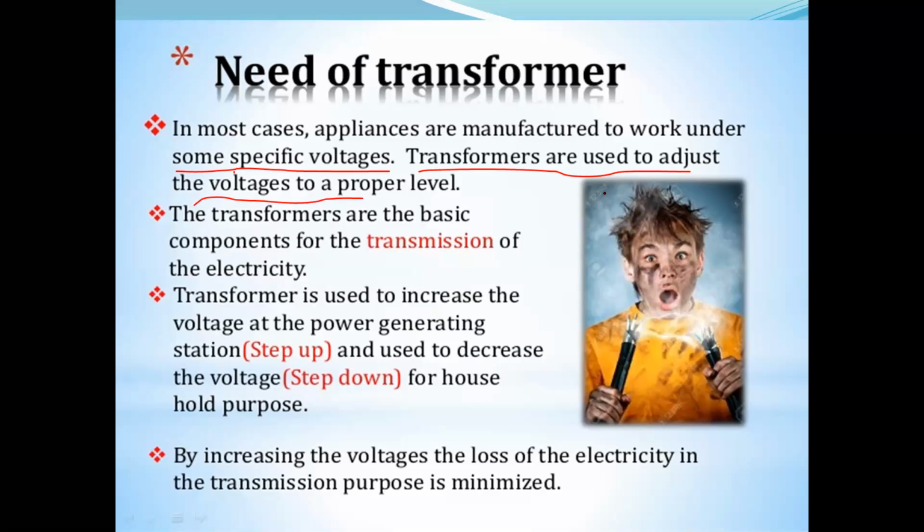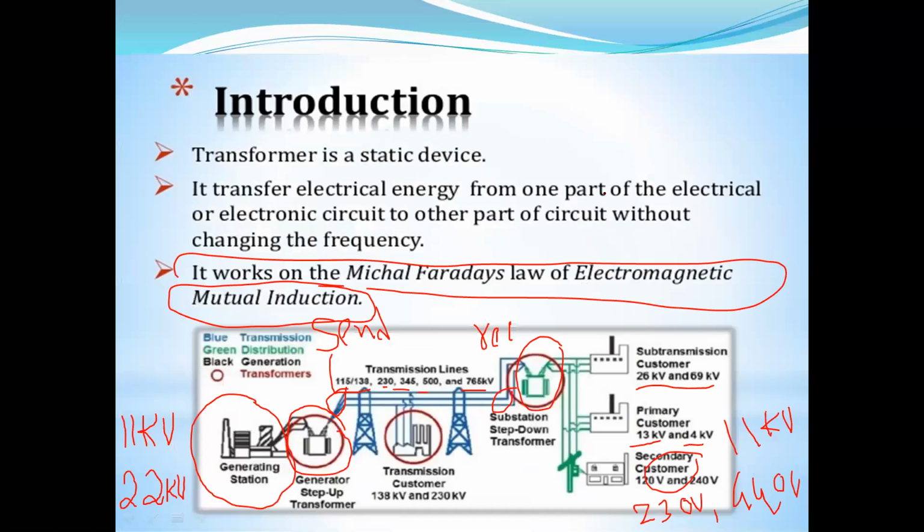In our power system, we have three main parts: generation, transmission and distribution.